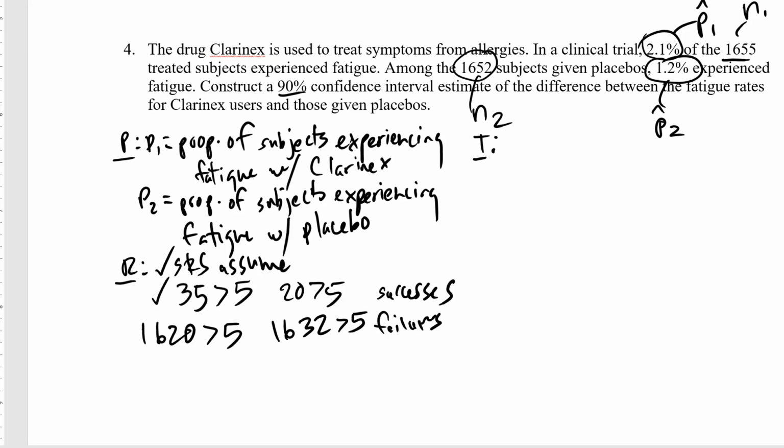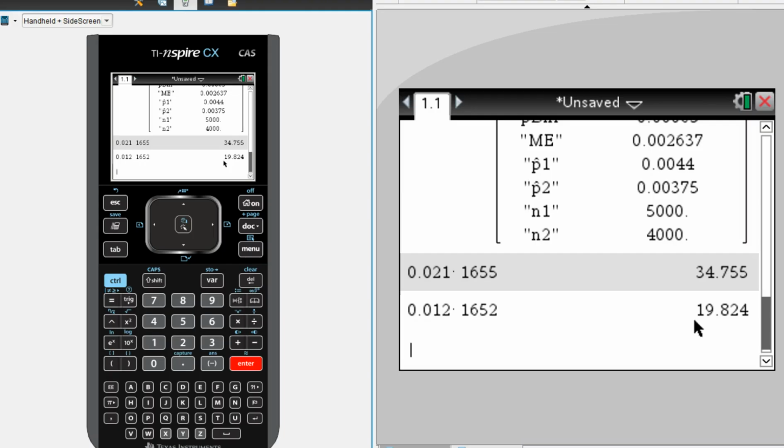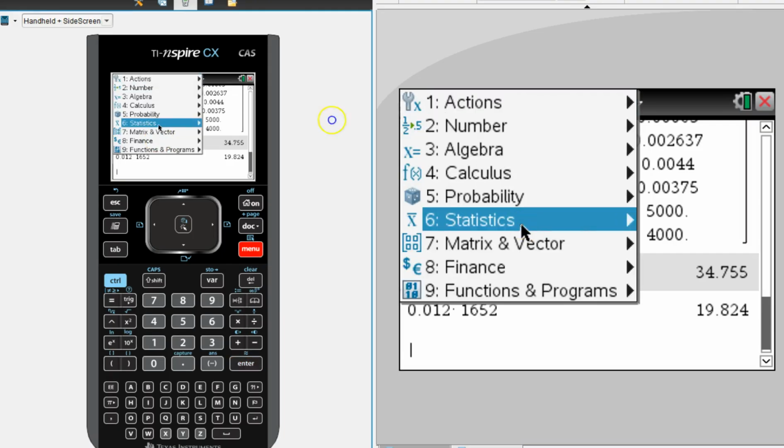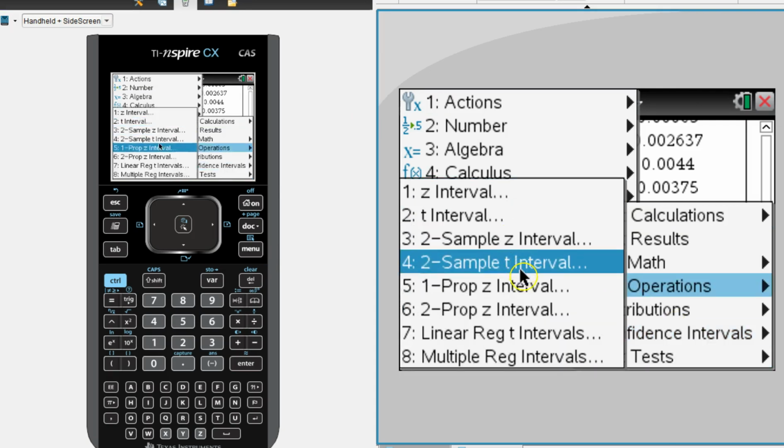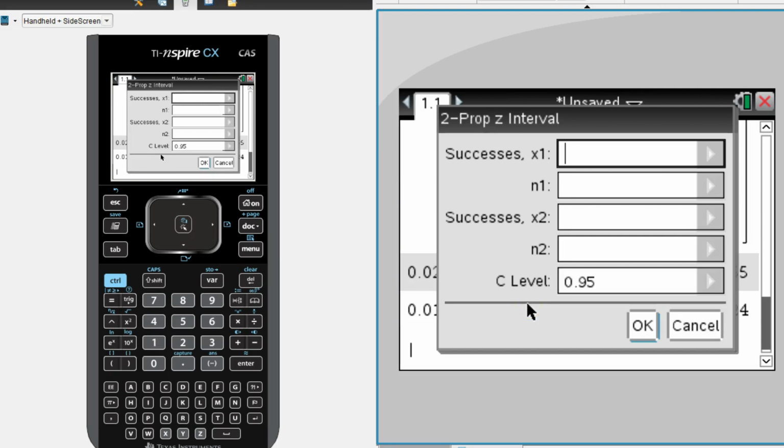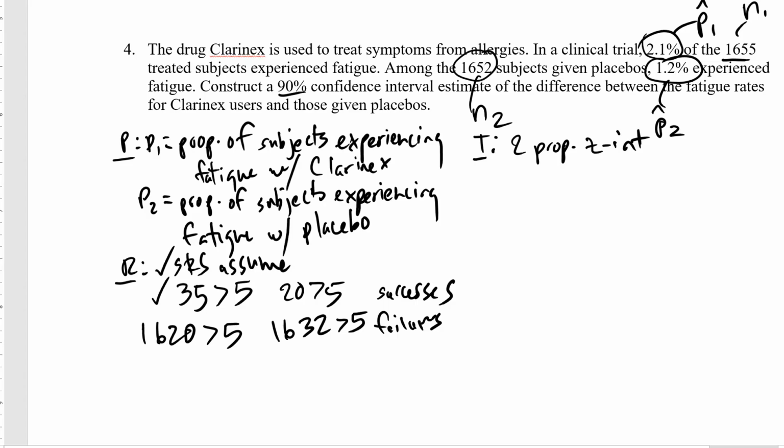PRT, what test are we running here? How about a 2 proportion Z interval? Don't need to state hypotheses because we're doing an interval here. So menu, statistics. What are we doing? An interval, 2 proportion. How many successes did we say we had? 35. So this wasn't a waste of time.